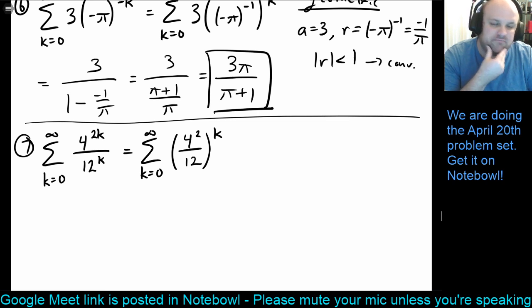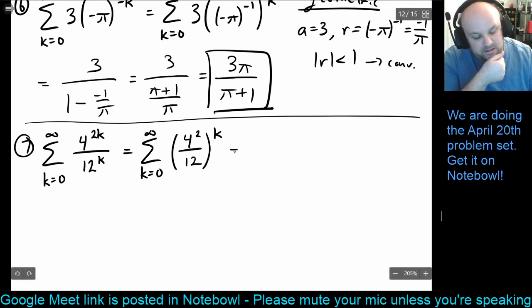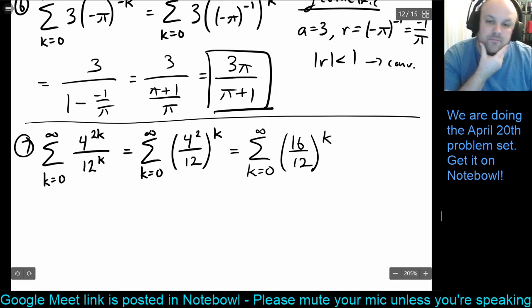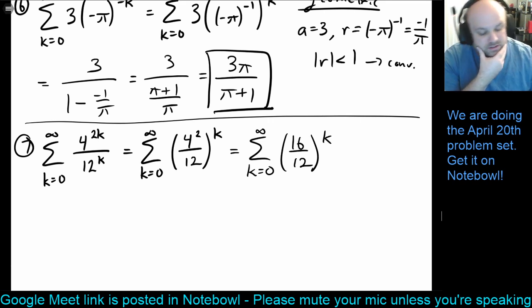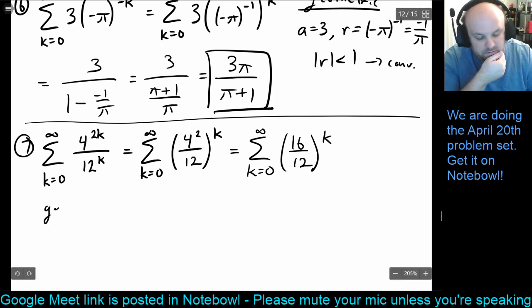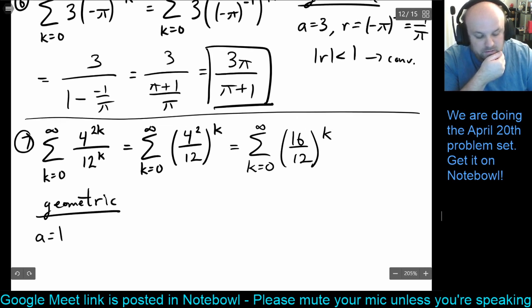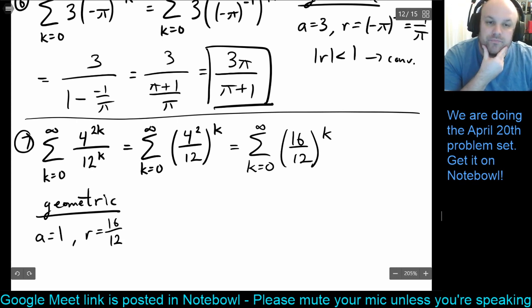Hopefully that seems good. And now I can expand all this stuff in here. So this is 16 over 12, to the k. So this is in fact geometric, with a equals 1 and r equals 16 over 12. Now how about the absolute value of r?